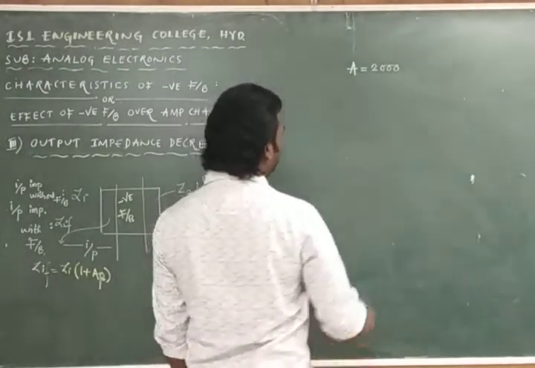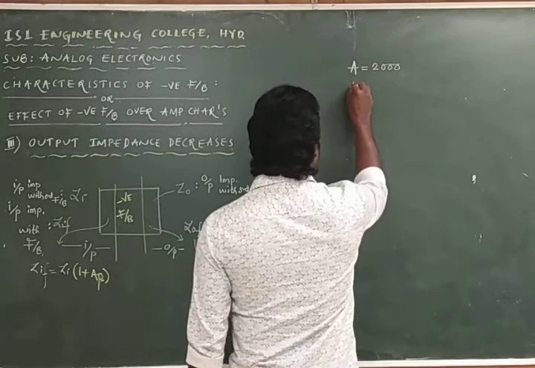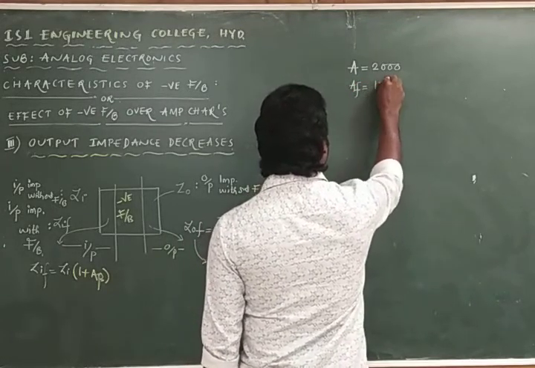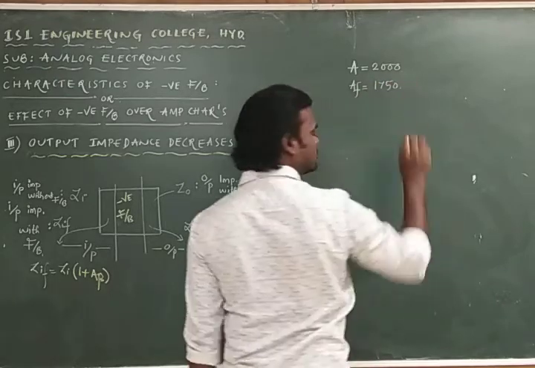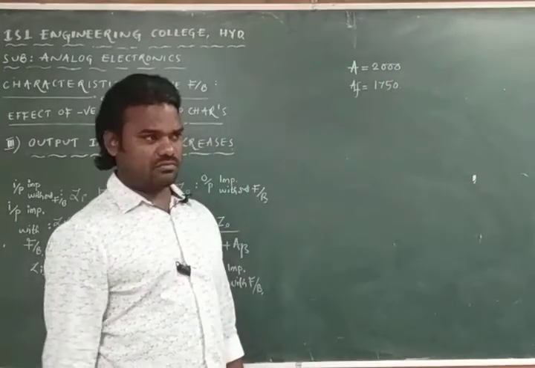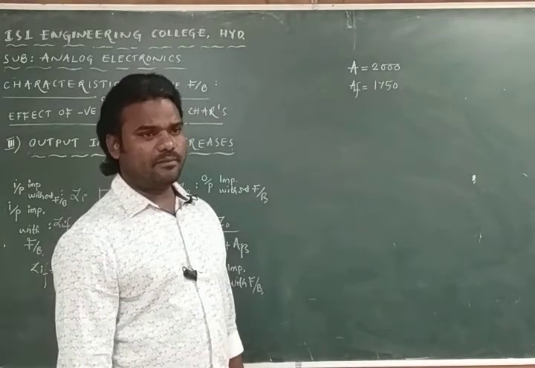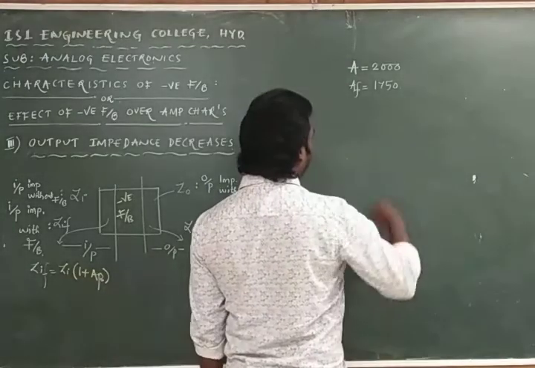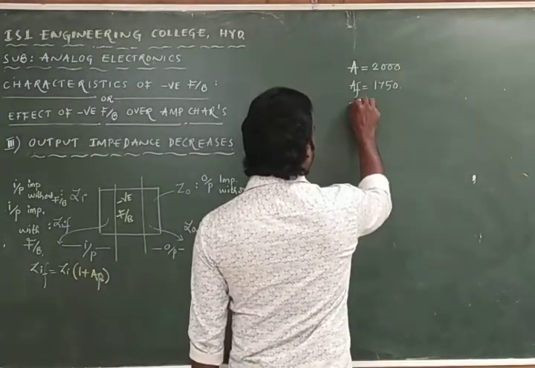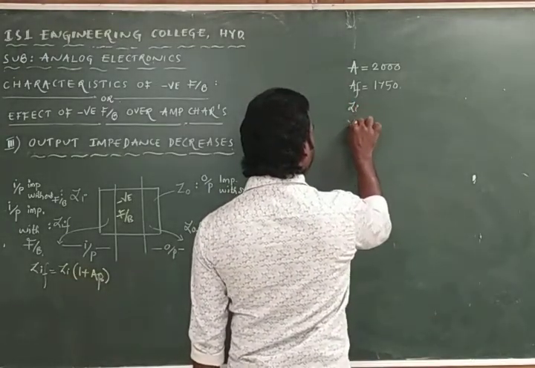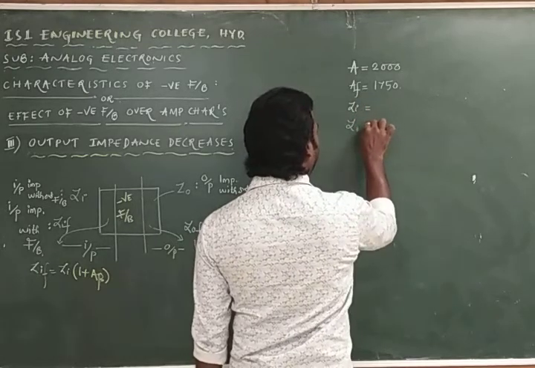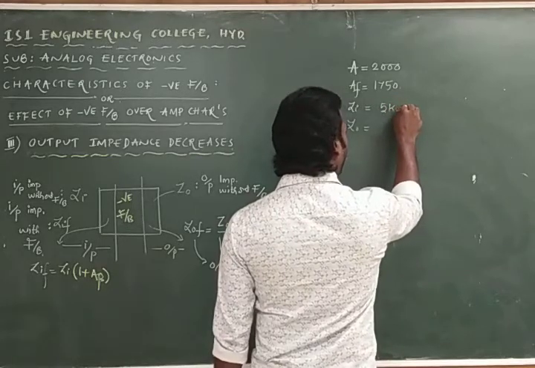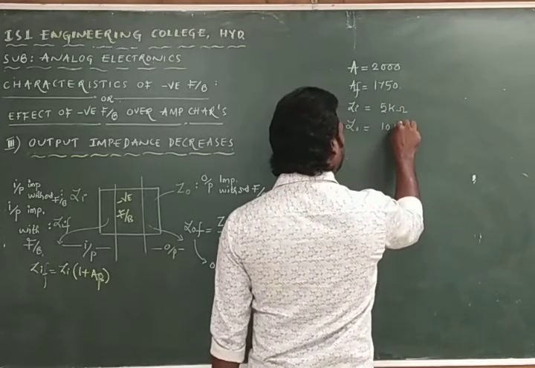A is 2000, and after employing the negative feedback, gain is reduced to 1750. Gain is reduced with the negative feedback. Input impedance without feedback and output impedance without feedback are also given: Zi is 5 kilo ohms and ZO is 10 kilo ohms.